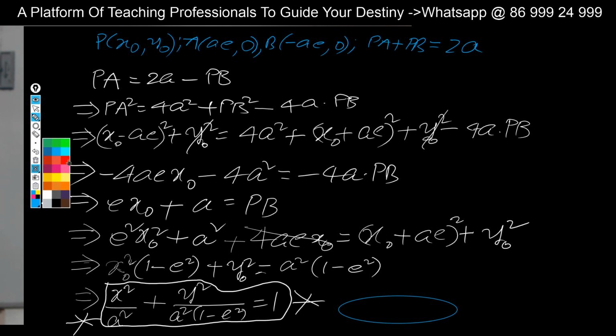What does it mean by algebraic form? To convert it to algebraic form, we wrote it as PA plus PB is equal to 2A. PA plus PB is equal to 2A we wrote. I do not get you. What does it mean by as it is? Do you respond?